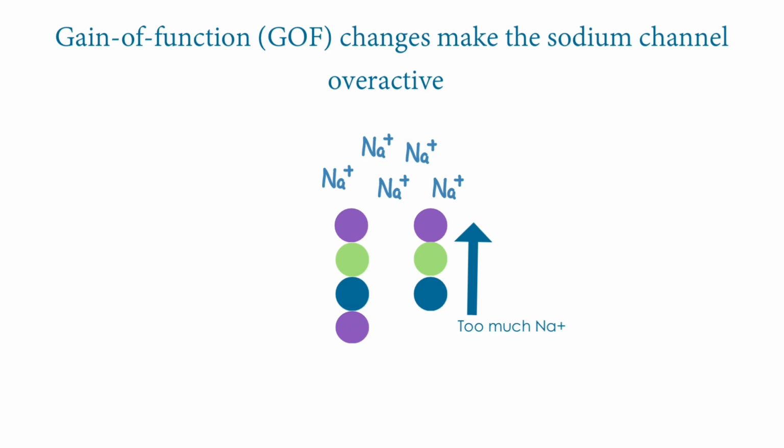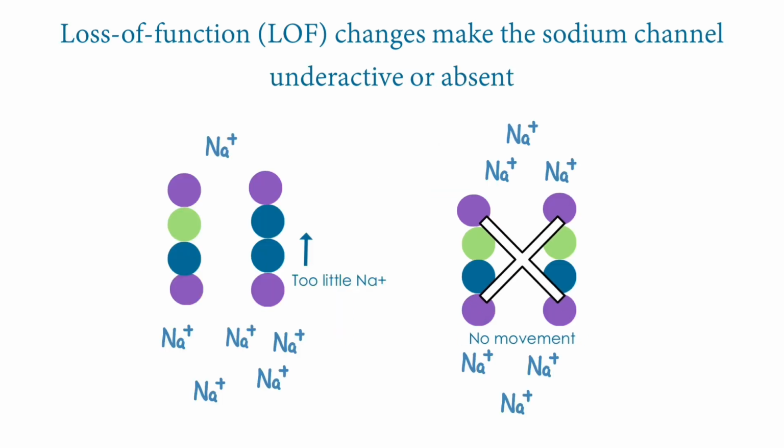I want to clarify that when I talk about functionality, I am talking specifically about the gene product or the protein, and not about the person who has this change. So when we say gain of function change, that means that the sodium channel is overactive. Opposite, we can have a loss of function variant that makes the sodium channel underactive or absent. This means maybe too little sodium is being let through, or there is no movement at all.